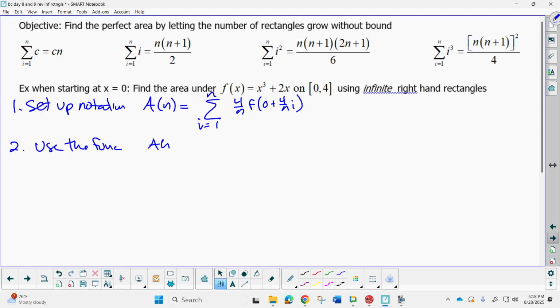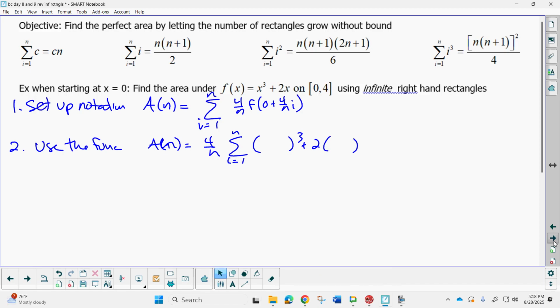If you want to move the 4 over n outside, that's okay. The function is x cubed plus 2x, which is blank cubed plus 2 blank. And in each of those places goes 4 over n i times.